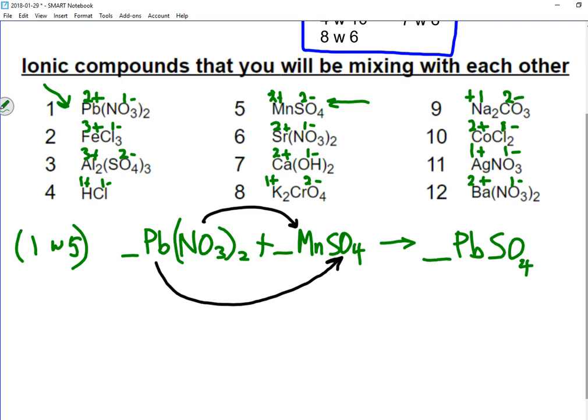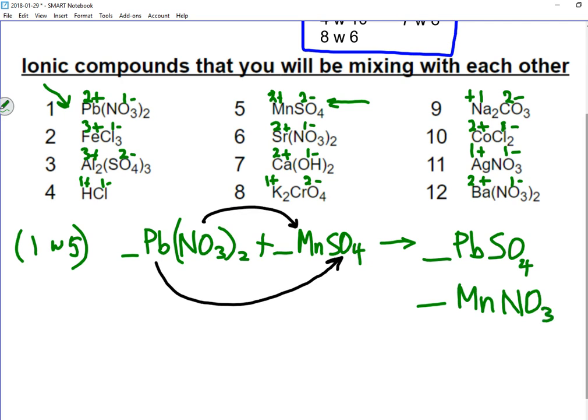And so that's our first chemical on the other side. The second chemical on the other side is nitrate with manganese. So we always write the positive ion first, and then we put in its anion, which is the negative ion, and that's the NO3.